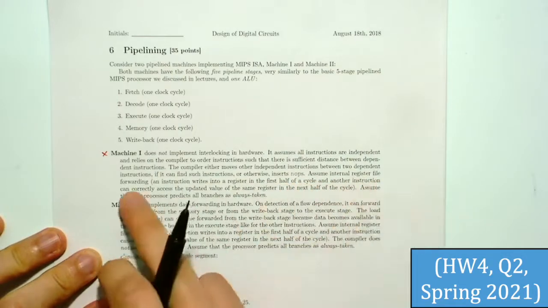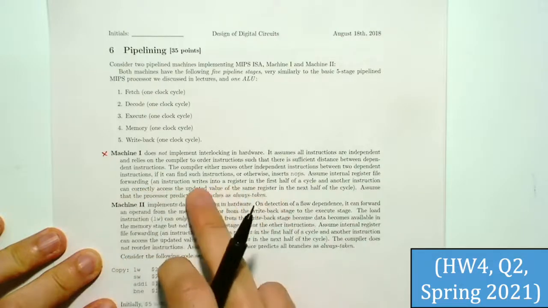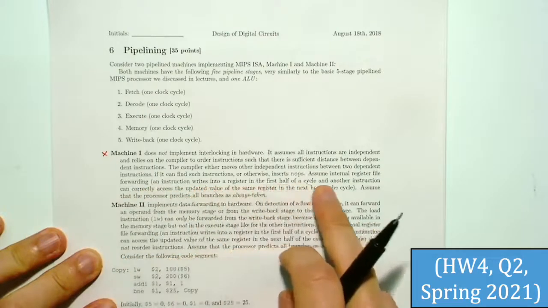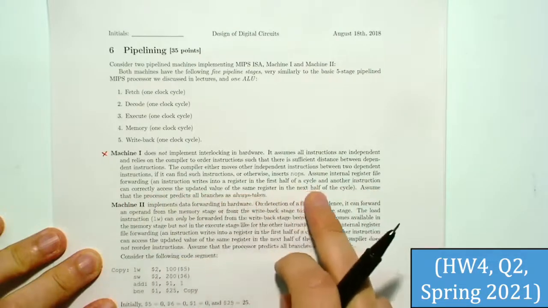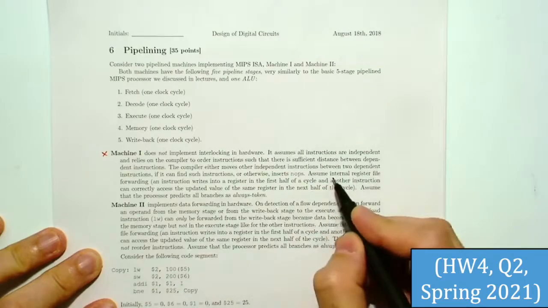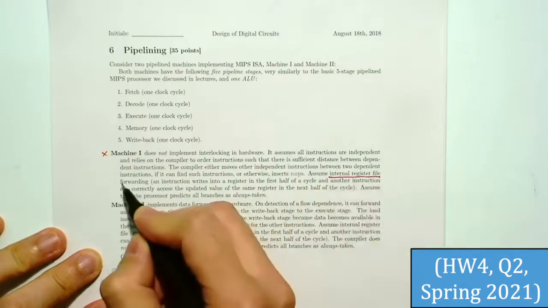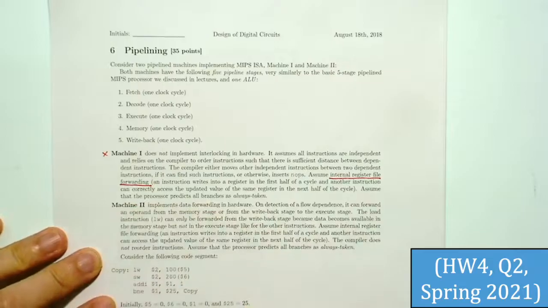Assume internal register file forwarding. So an instruction writes into a register in the first half of a cycle, and another instruction can correctly access the updated value of the same register in the next half of the cycle. So this is important, internal register file forwarding in this machine. And we assume that the processor predicts all branches as always taken.